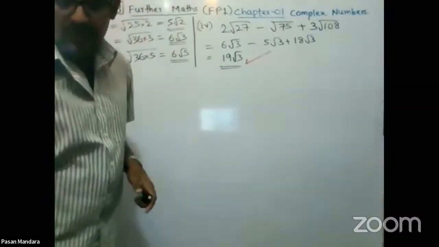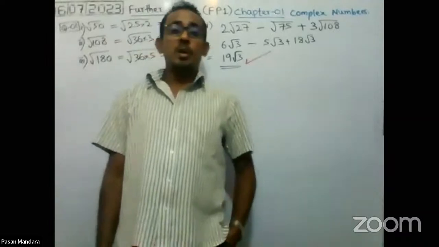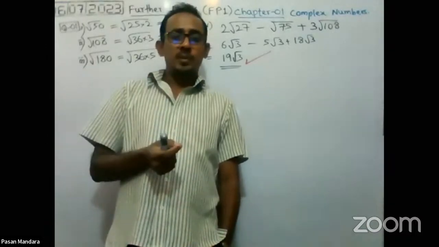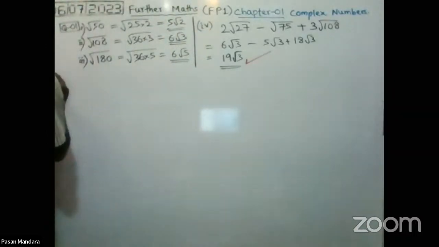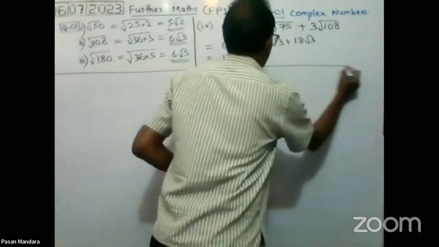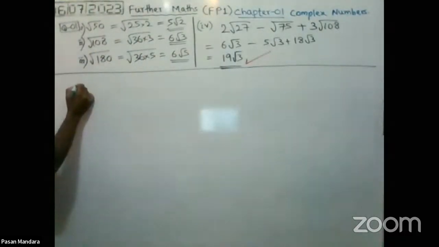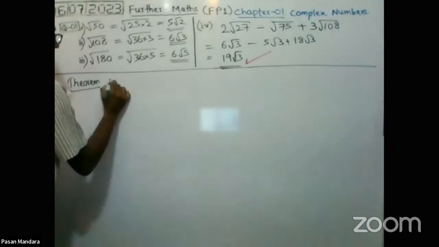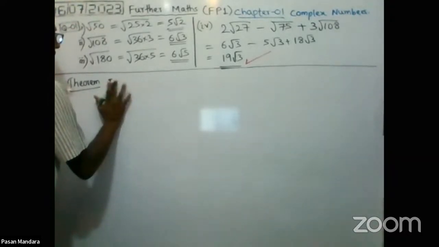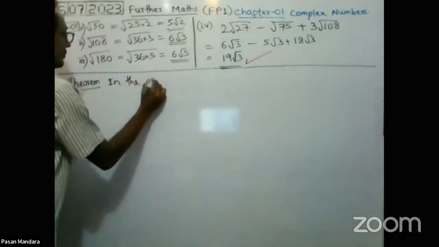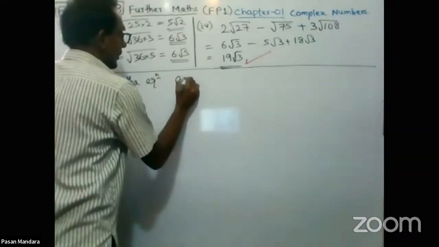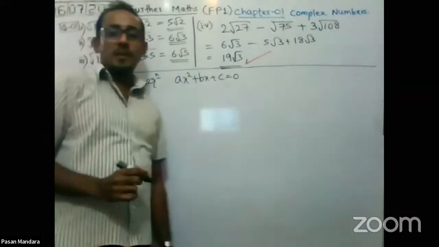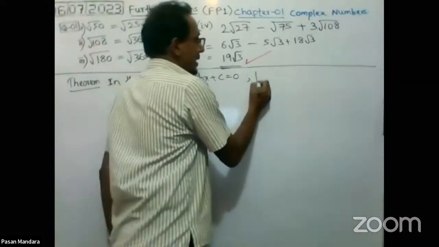Right, now students, we'll see another type, that is number of roots. In a question, they can ask the nature of roots or number of roots. Now, this is the theorem. In the equation ax squared plus bx plus c, the discriminant.